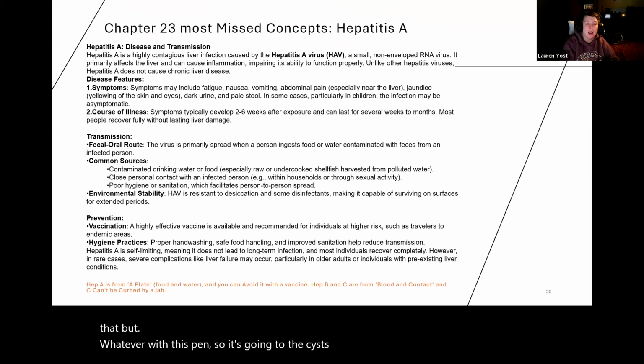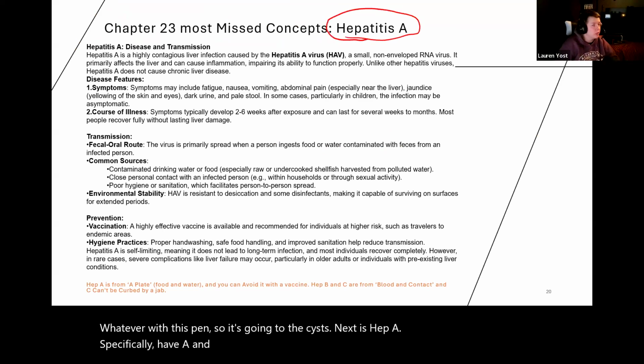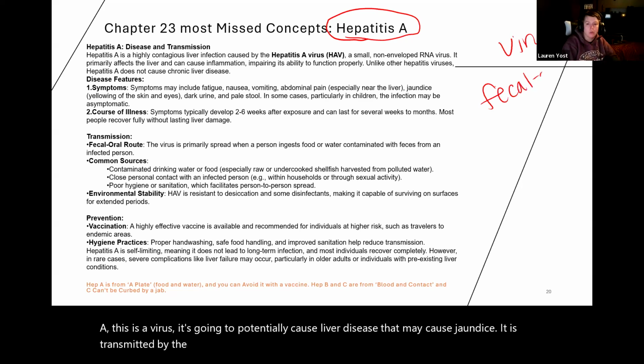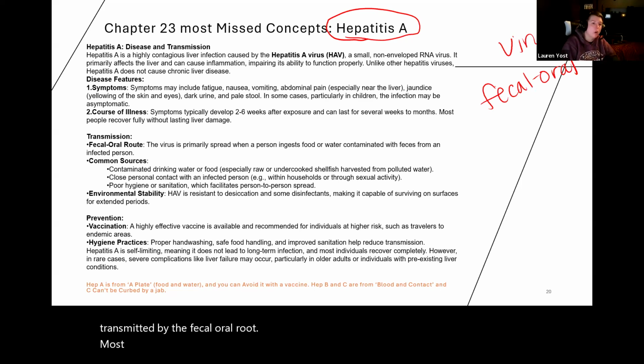Next is Hep A, specifically Hep A, which people were having some issues with on previous exams. So hepatitis A, this is a virus. It's going to potentially cause liver disease that may cause jaundice. It is transmitted by the fecal oral route. Most people have subclinical or minor signs or symptoms.